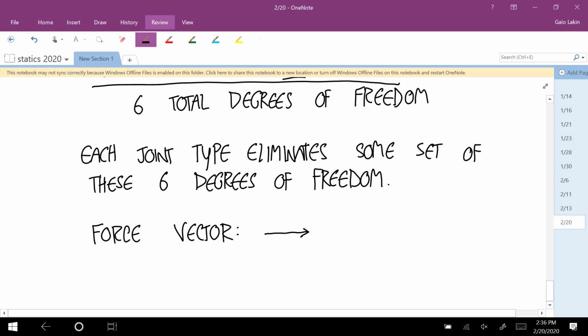But a couple vector is going to be shown by the direction of the vector, but the arrow is going to have 2 heads on it. Okay.